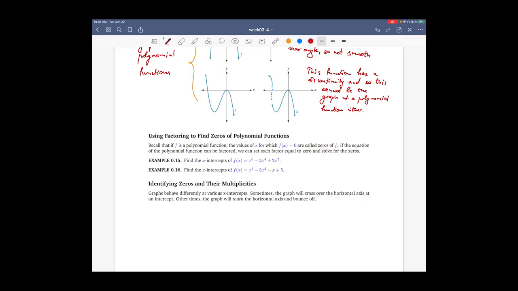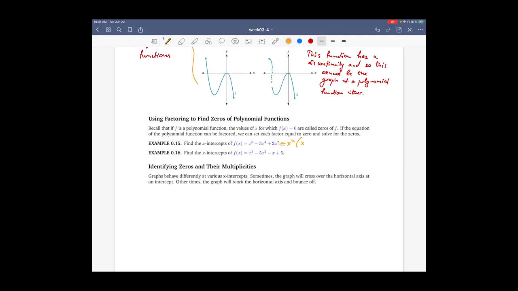For example, in 15, if we equate this to 0, we can factor out x squared. And so the expression in parentheses will be x to the power 4 minus 3x squared plus 2. And if we equate this to 0, we see immediately that either x is 0 or the expression in parentheses, which is x to the power 4 minus 3x squared plus 2, must be 0.